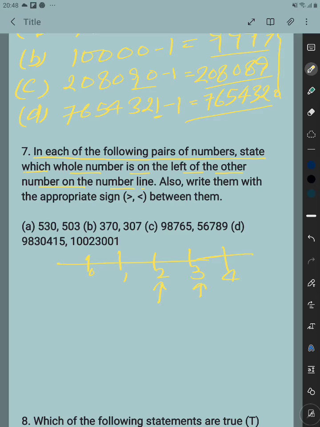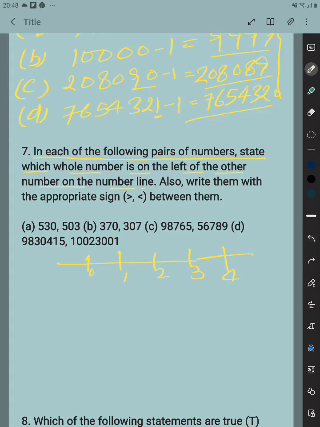Similarly, 1 is lesser than 4, that's why it is on the left side of 4. I think you got my point. Any number that is lesser will be on the left side. So we need to put an appropriate sign also here, with the lesser number on the left side.